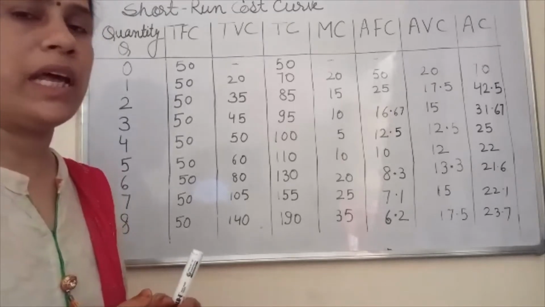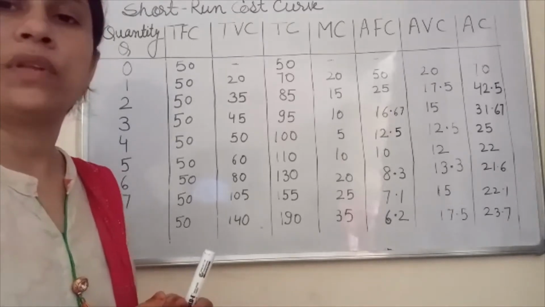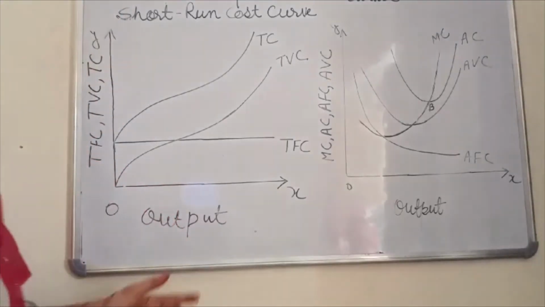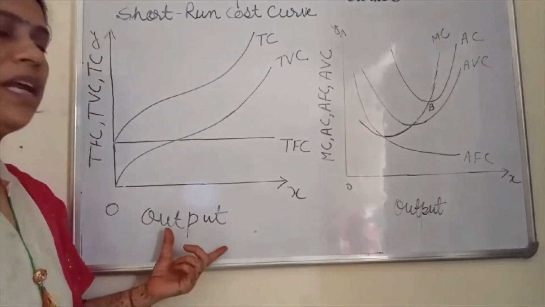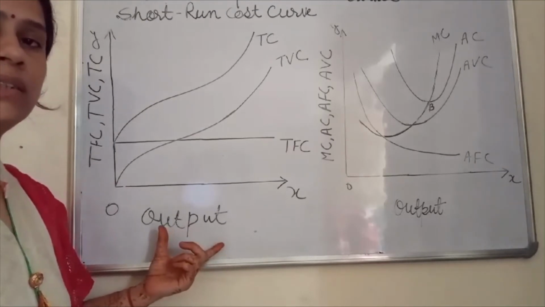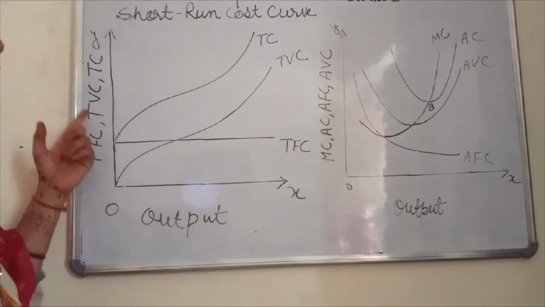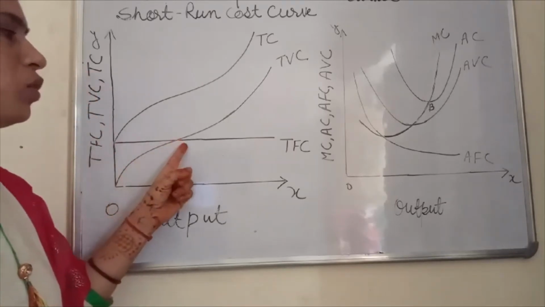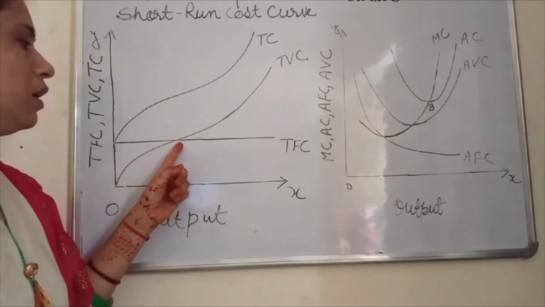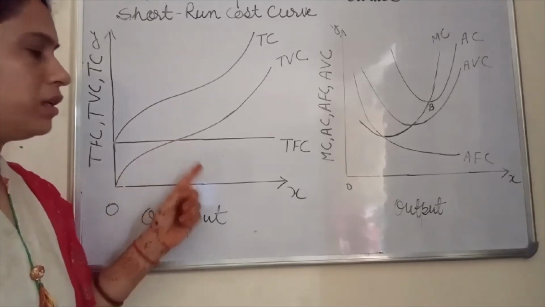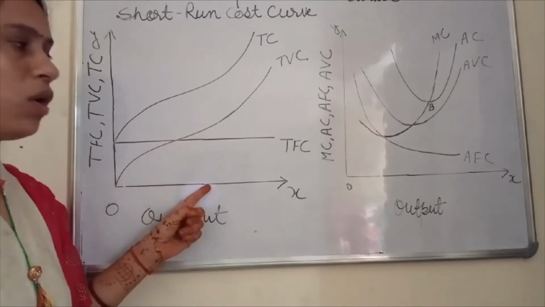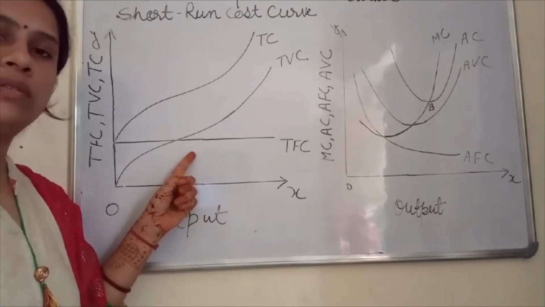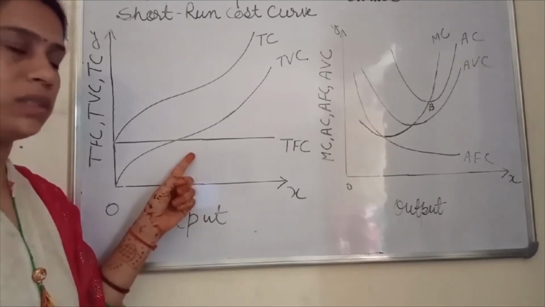Now we will see the diagrams of all these costs. In the first diagram, as you are able to see, we have taken output on x-axis and total cost, total variable cost and total fixed cost on y-axis. Total fixed cost is a straight horizontal line parallel to x-axis, because total fixed cost remains constant throughout the production process.